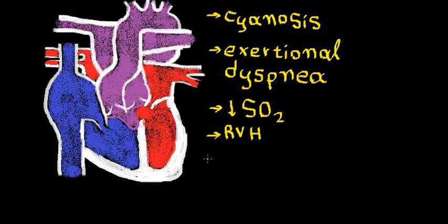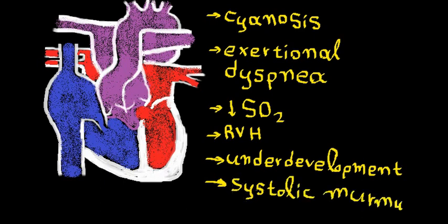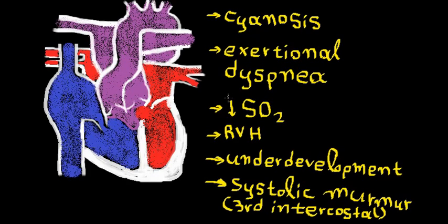Underdevelopment, also, we can see. We can hear systolic murmur in the left third intercostal space. And we go on. We mentioned 1, 2, 3, 4, 5, 6. Loud second pulmonic sound as well.